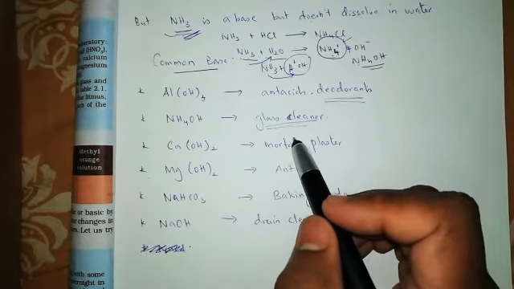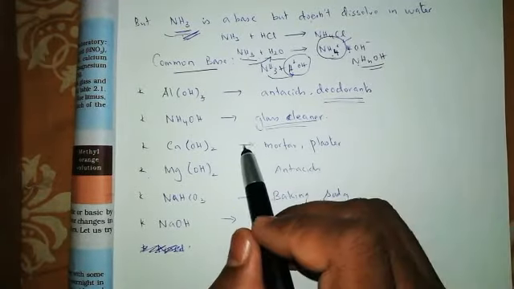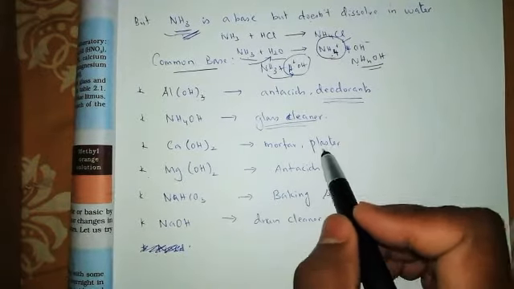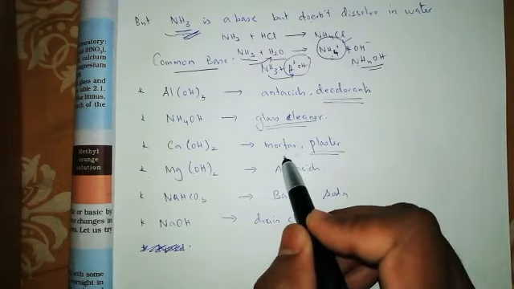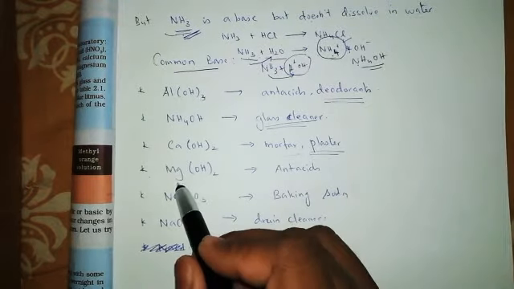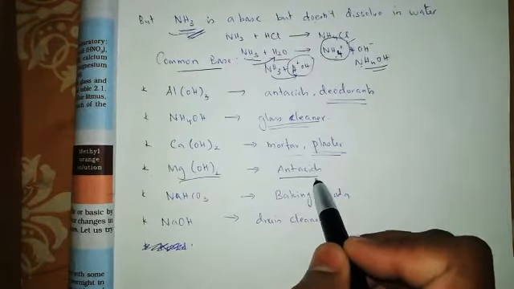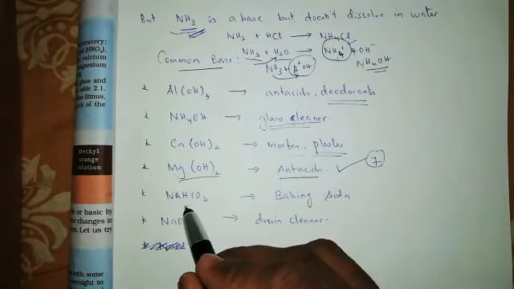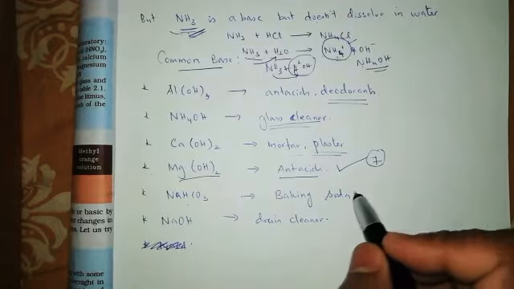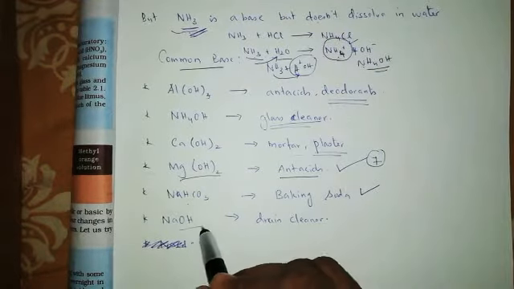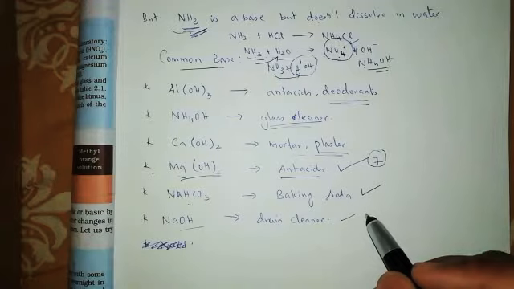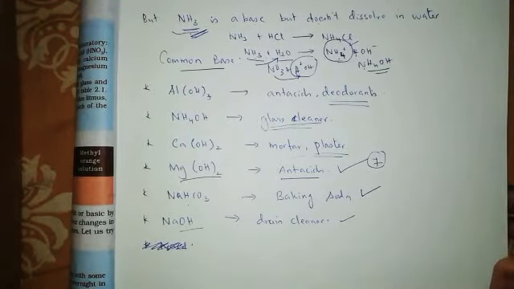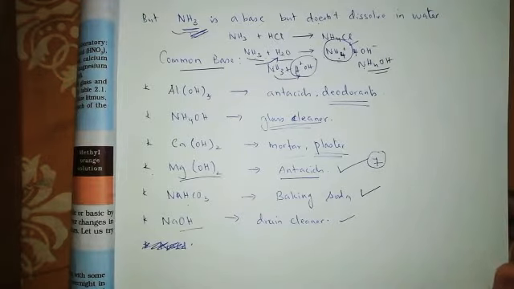Calcium hydroxide is used in plasters, mortars, etc. Magnesium hydroxide is an antacid, the main thing in the 7th standard syllabus, right? Sodium hydrogen carbonate is used in baking soda, and sodium hydroxide as a drain cleaner. So all these are some of the common bases that we use in our day-to-day life.